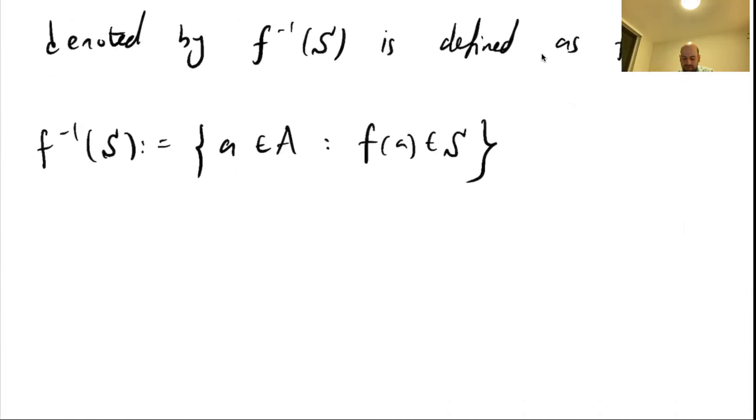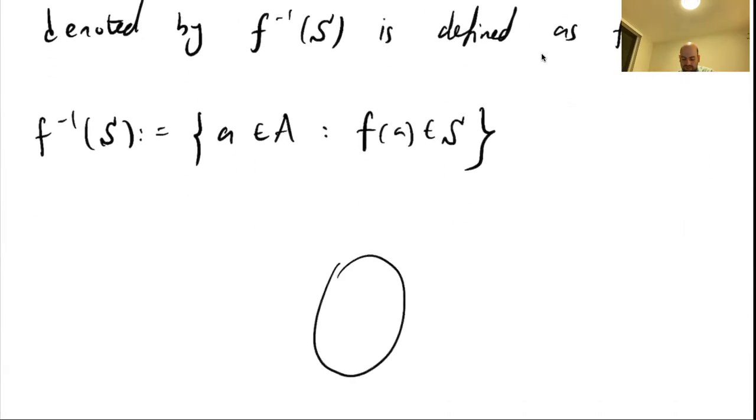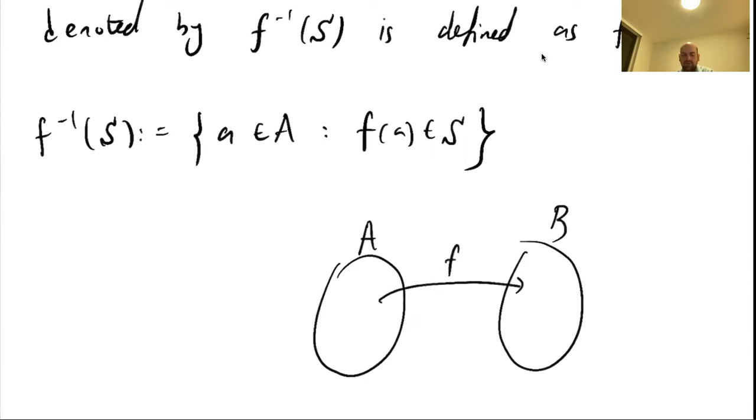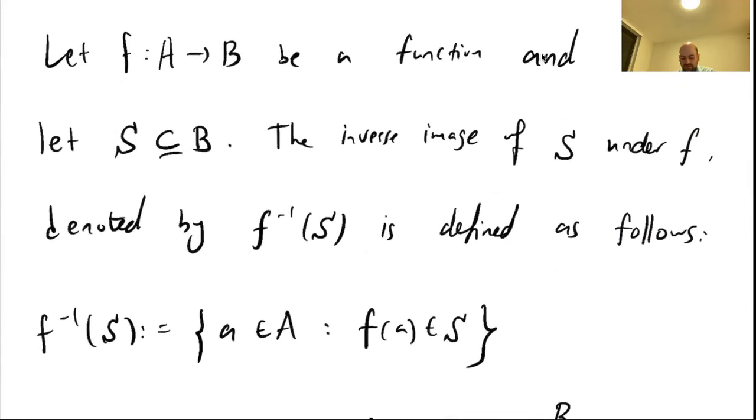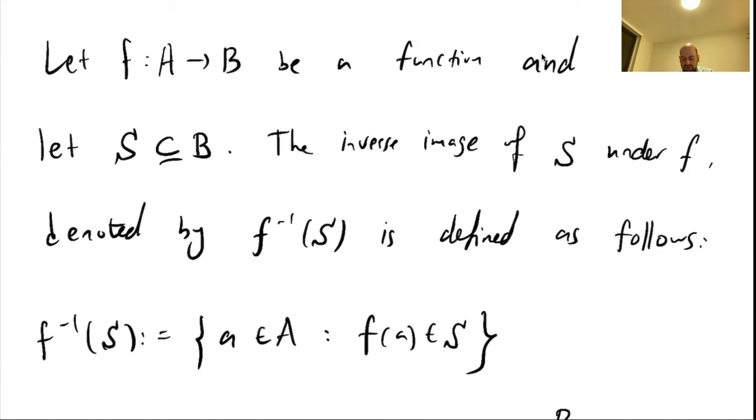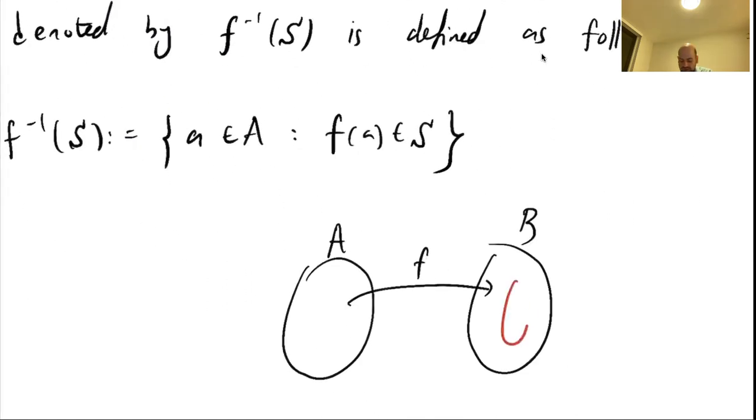Let me explain what this inverse image is. Let's say you have A and B, domain and codomain, and f acts between A and B. Now, for inverse image, we start with some subset S of B. So let's say that I have an S here. What is f inverse of S?